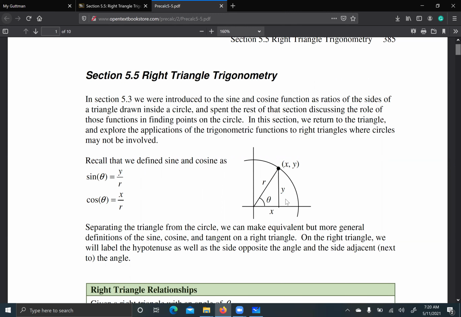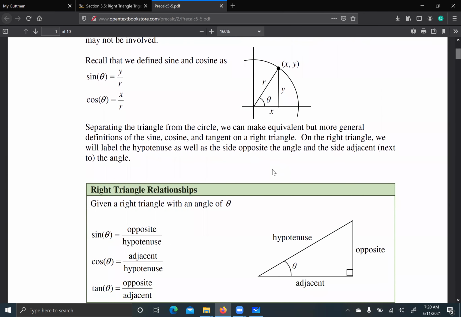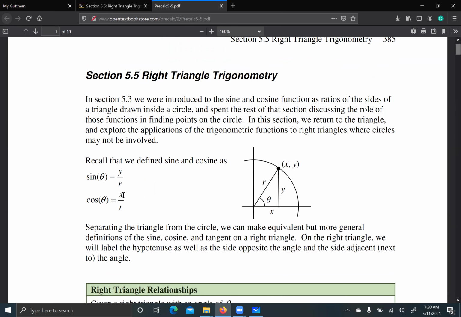Now here is a more general version of this. Suppose you don't have a circle and you have just a right triangle. When you have a right triangle in general, regardless of a circle, it is still possible to define these functions: sine, cosine, and tangent. Why? Because look at the way we define them.